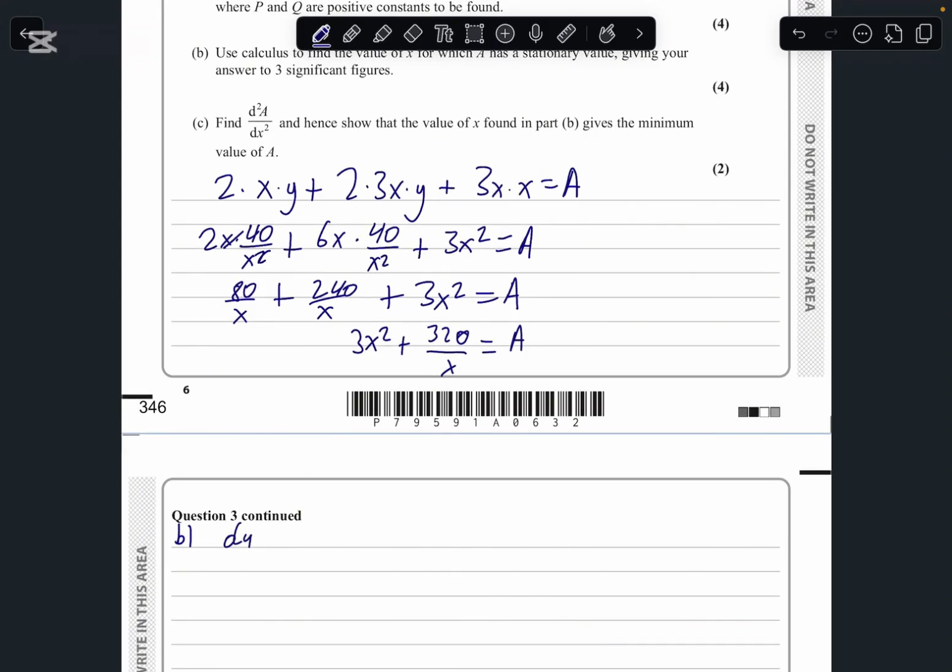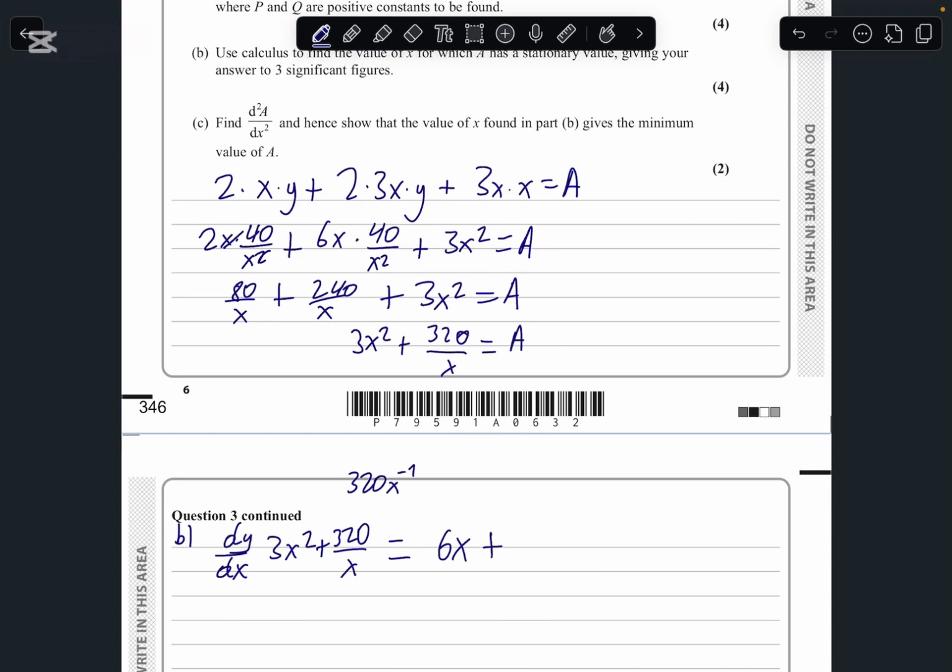So first we need to find dy/dx of 3x squared plus 320 over x. How do we find that? We multiply the power by the number in front of the x, so it becomes 6x, and the power is minus 1. Plus 320 over x is like 320 times x to the power of minus 1.